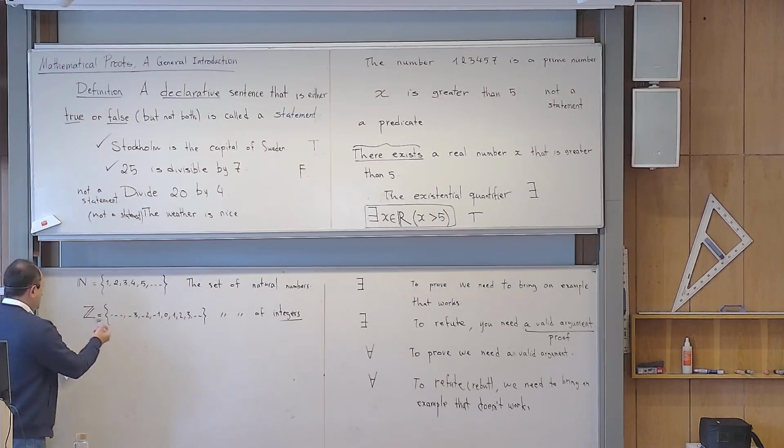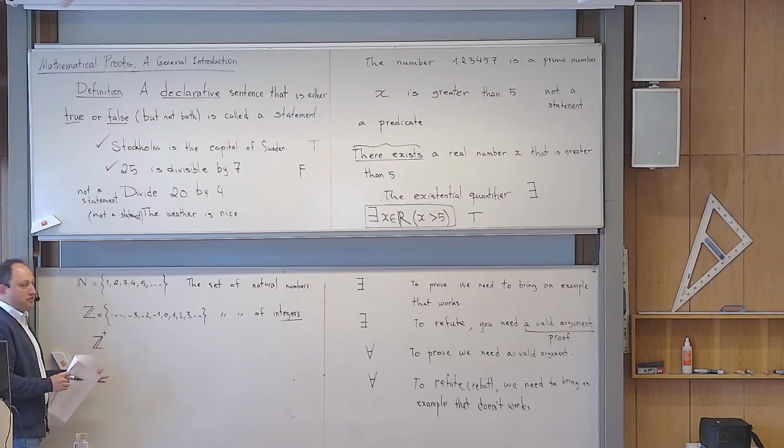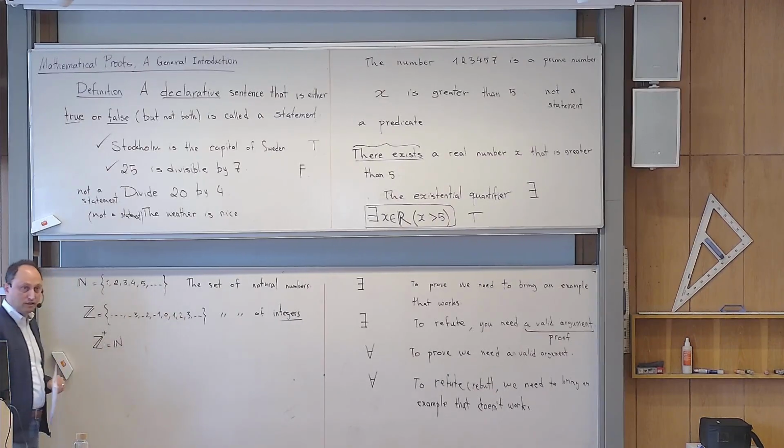And sometimes I use this symbol. This is also common. For example, I can write Z, and then I put a positive sign on top of that. So I mean, consider the positive ones. But of course, the positive ones in this case will be the same as N. Okay?